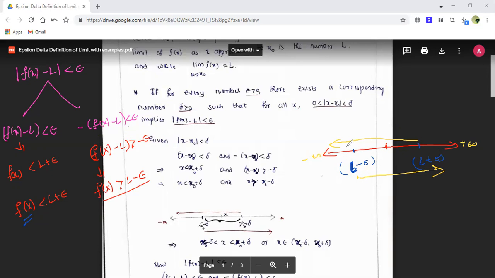When you take these two together, the common part is here.